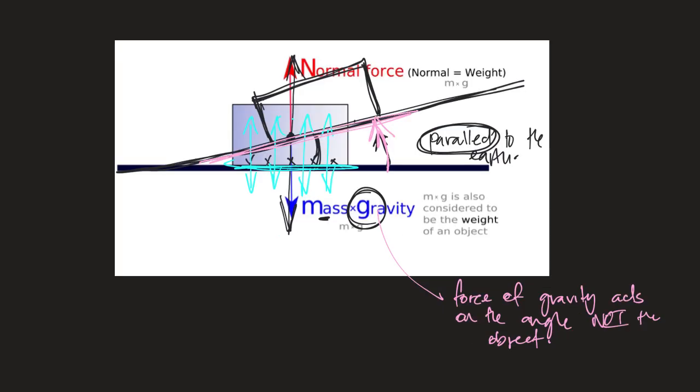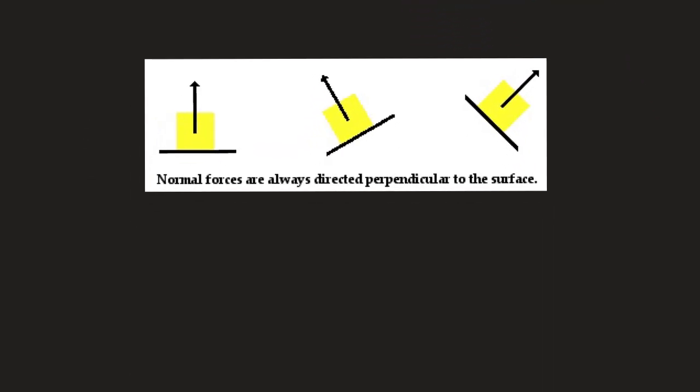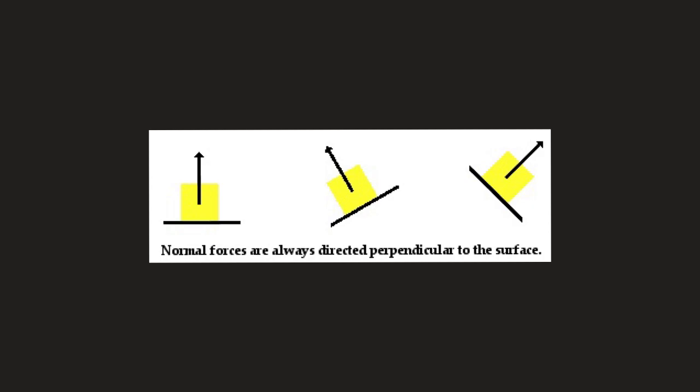Now, not forgetting that these objects that we put onto inclined planes are still on a surface, which means they still need to have a normal force.